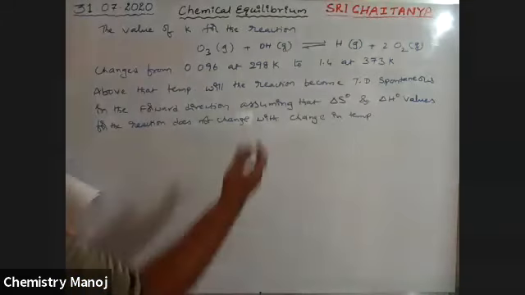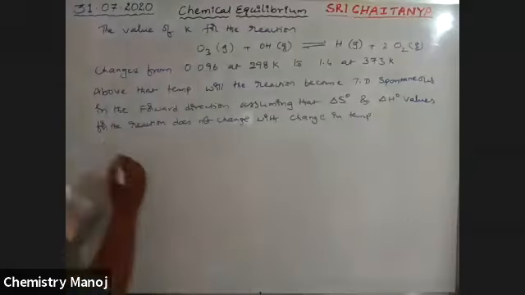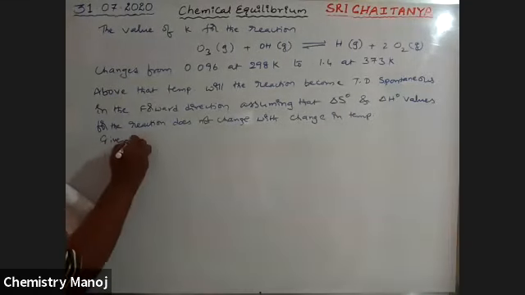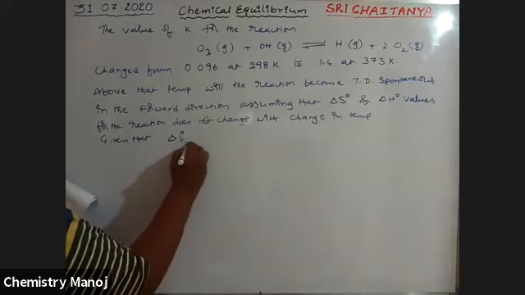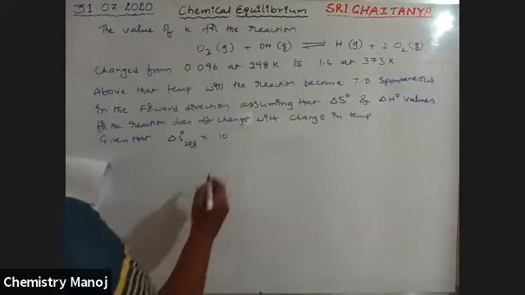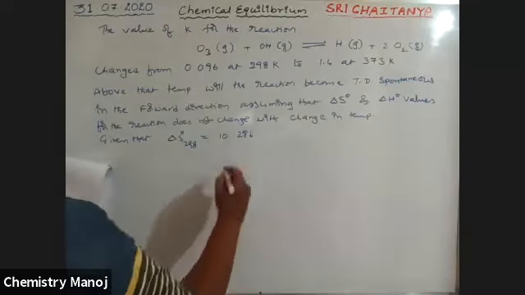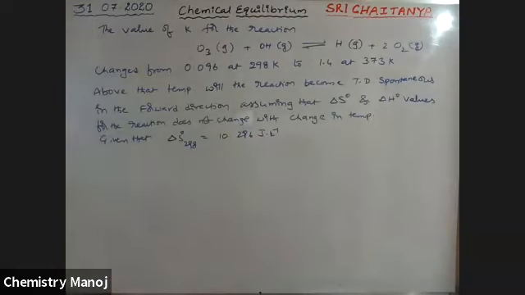So that is already considered anyway. Given that delta S naught at 298 Kelvin is equal to 10.296 joule Kelvin inverse. This is the question, boys.